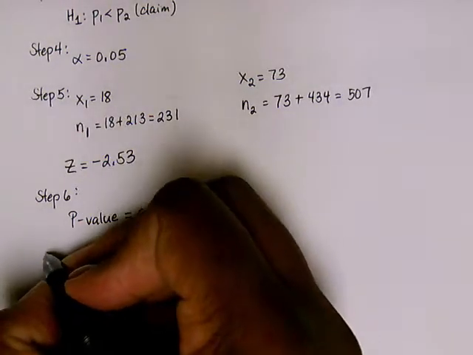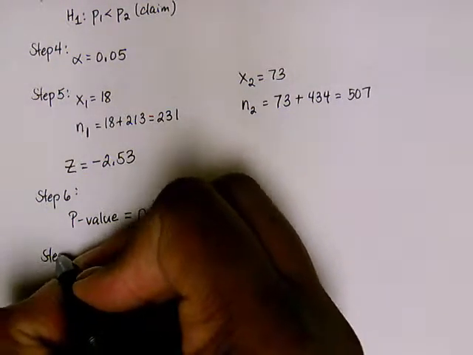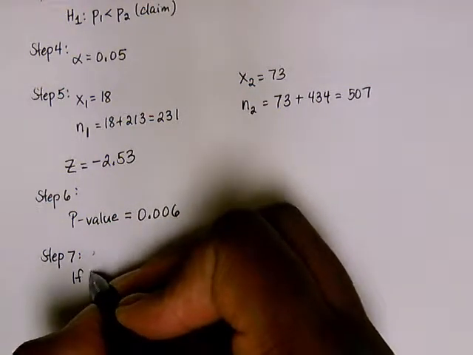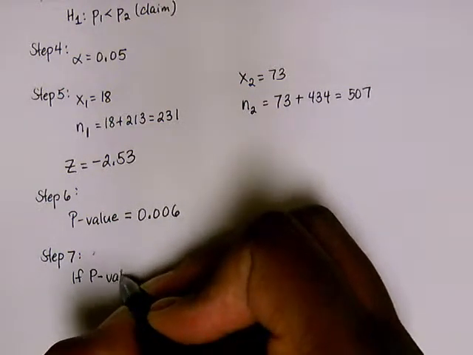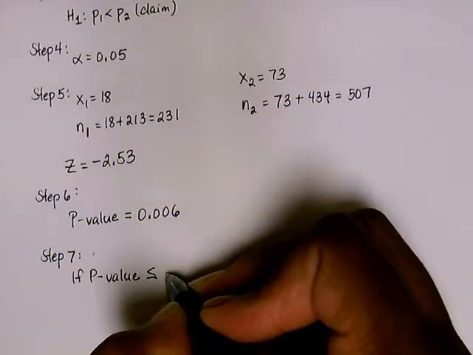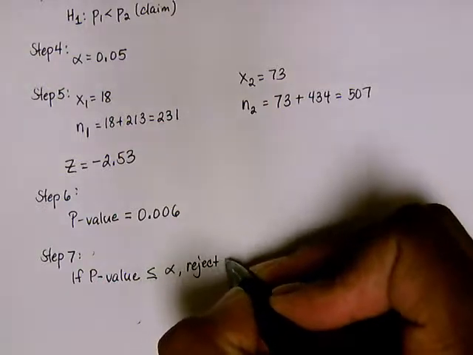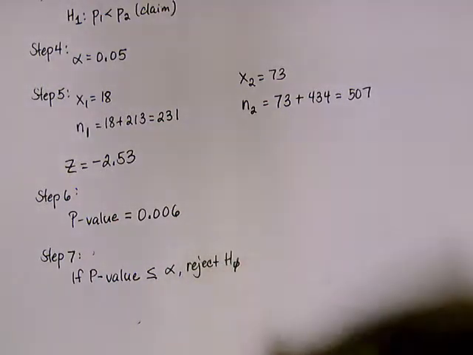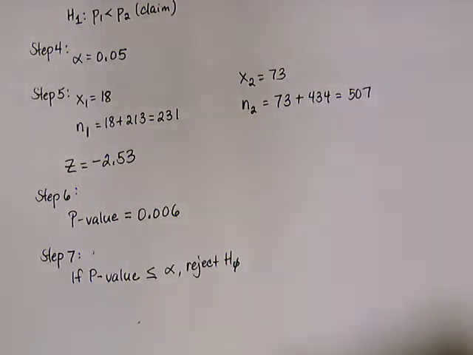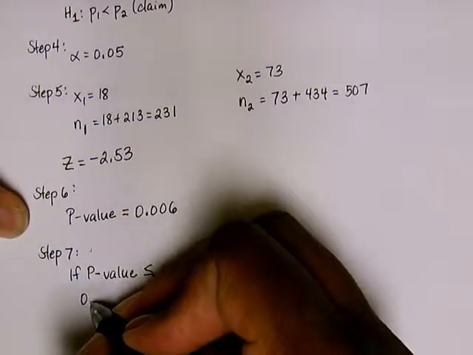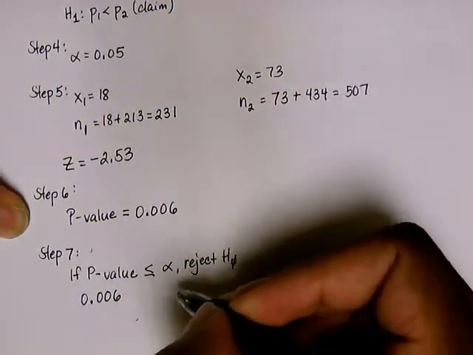Now step number 7 is the decision rule, where if the p-value is less than or equal to alpha, you reject the null. Otherwise, you fail to reject the null. So in this case here, that p-value is 0.006.